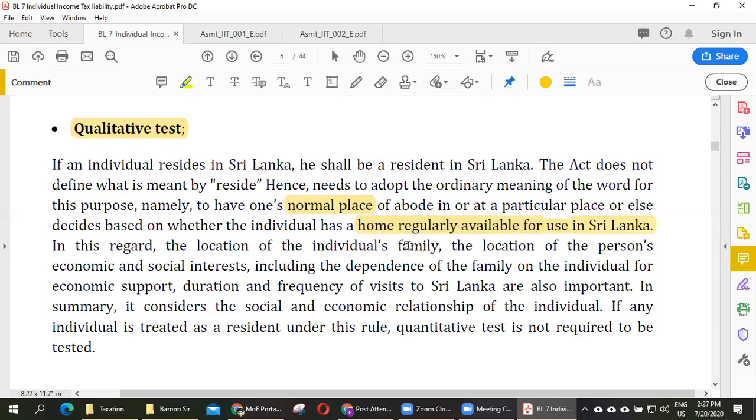Important words: a home regularly available for use in Sri Lanka.